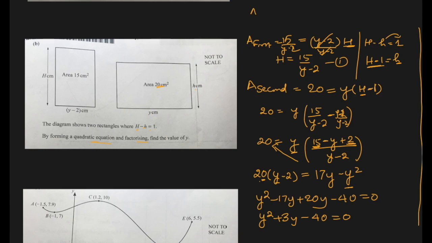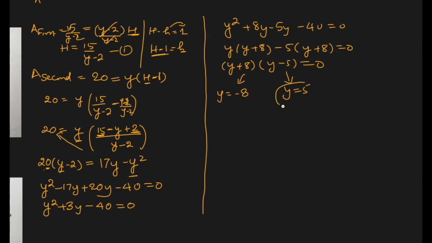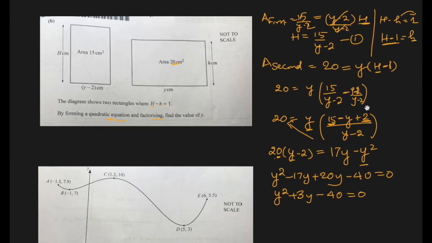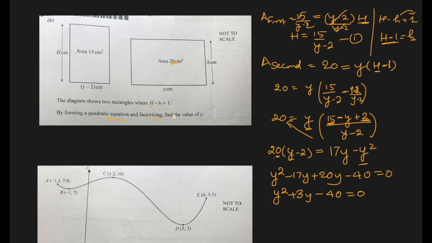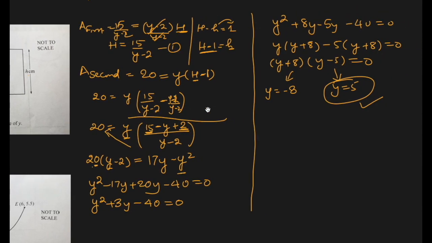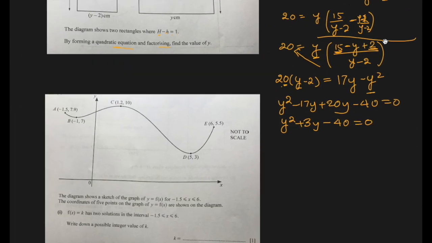Length cannot be negative. That means our answer is y equal to 5. This is the answer, and let's see what they are asking. By forming a quadratic equation and factoring, find the value of y, and that value we have found, which is y equal to 5. All right.